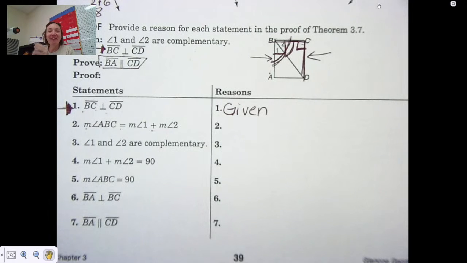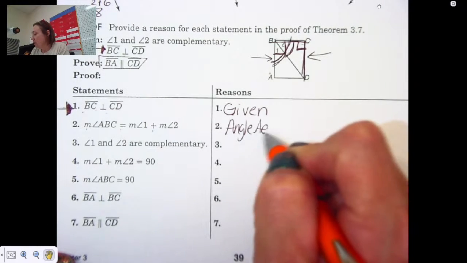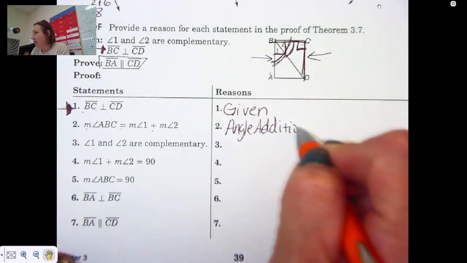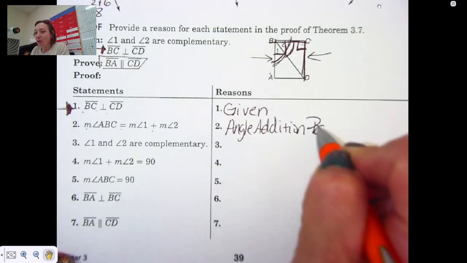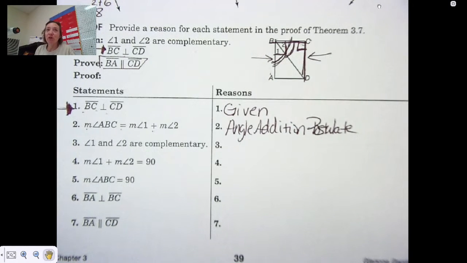It's the same thing with segments. Two little segments added together make the bigger segment. But we actually call this a thing. It's called the angle addition postulate. And then there's a segment addition postulate, right? If you had two segments together, they make a bigger segment.